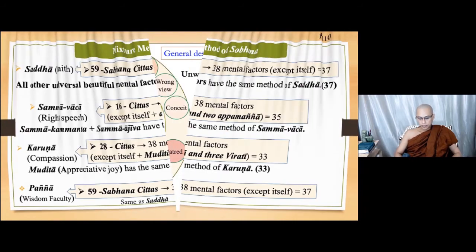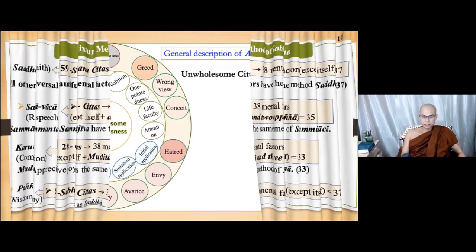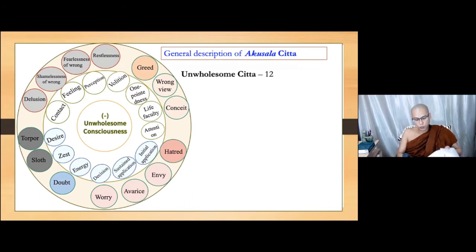So now we finish the mixture method. The mixture method was introduced by the Pinnabaya Visuddharama Sayadaw and is very helpful if you apply the Abhidhamma understanding in your daily life. If you are aware of any consciousness or any mental factor arising in your mind, you can identify the associated mental factors for the consciousness.